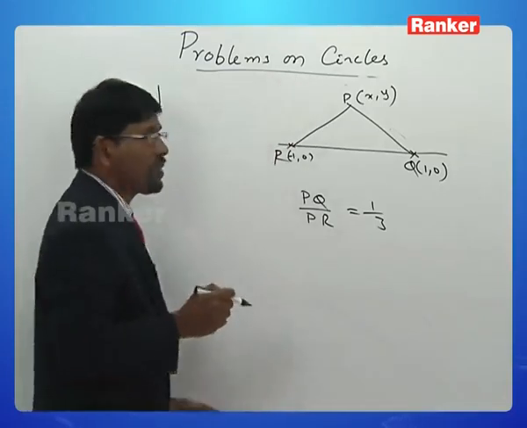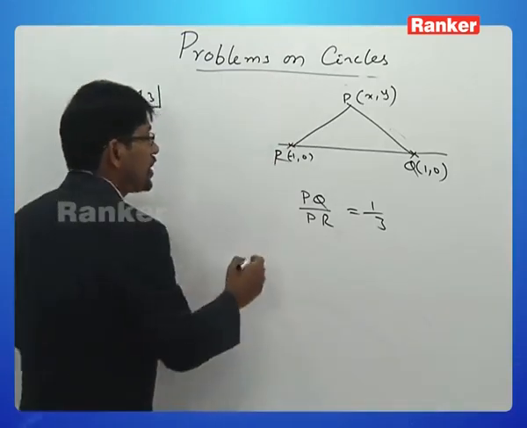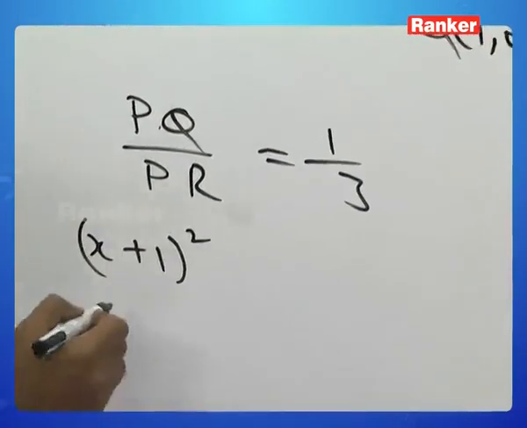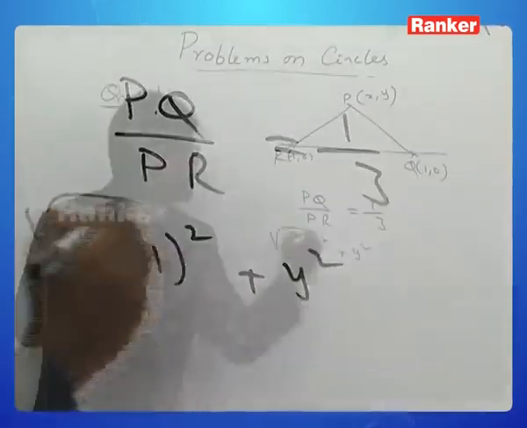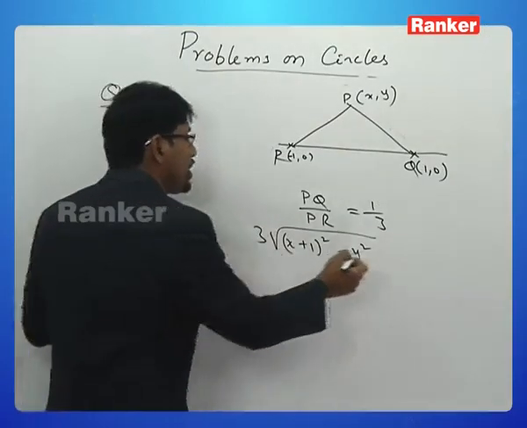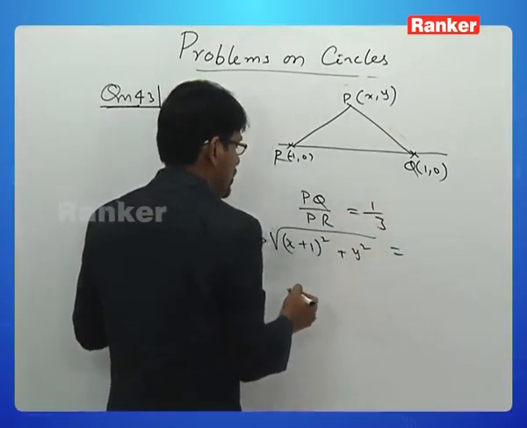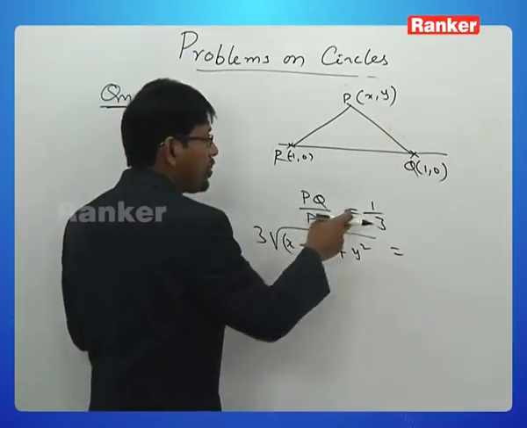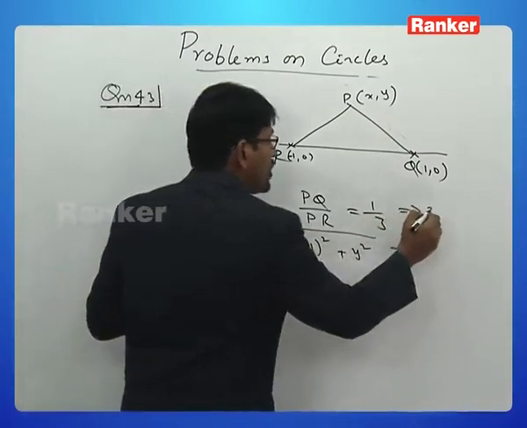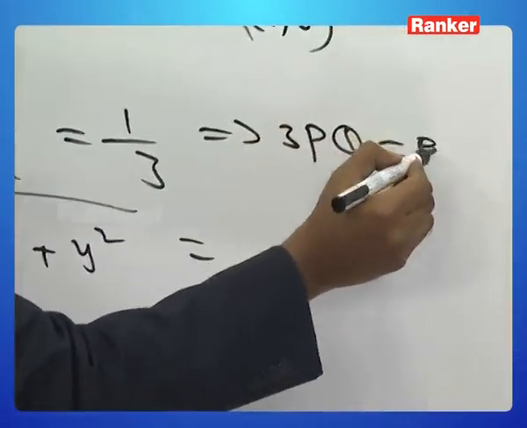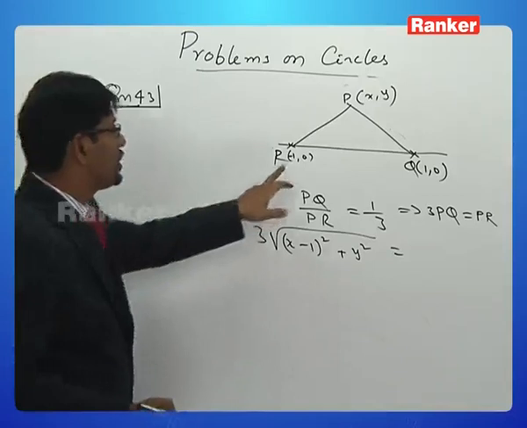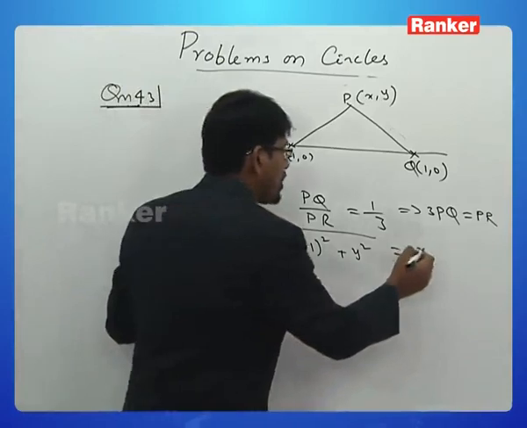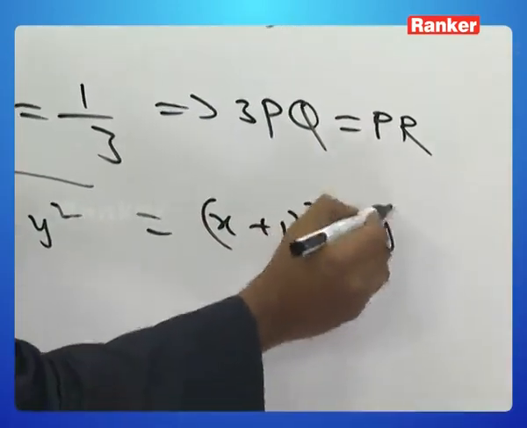So first let's write the locus of a point which satisfies this condition. 3 times PQ should be equal to PR. PQ distance is the square root of x minus 1 whole square plus y square. PR is the square root of x plus 1 whole square plus y square.